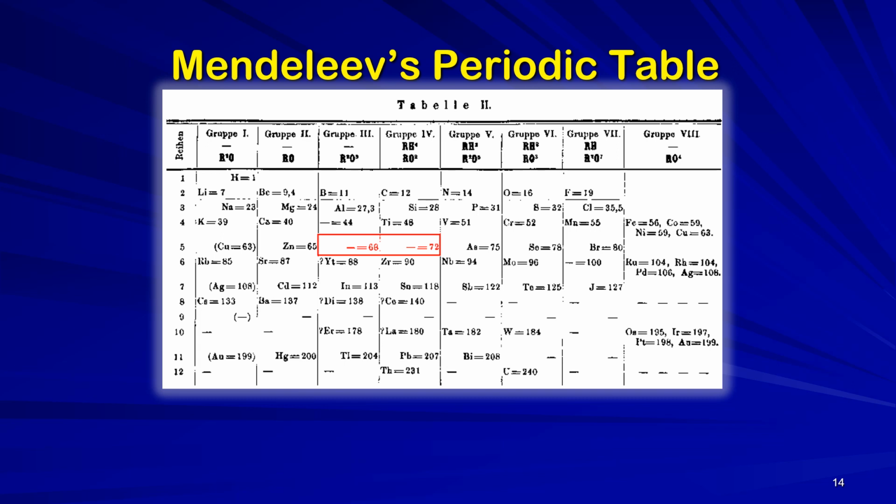For some of the empty spaces, he tried to predict the properties of those elements which were not discovered, and he gave the predicted atomic mass of the missing elements.